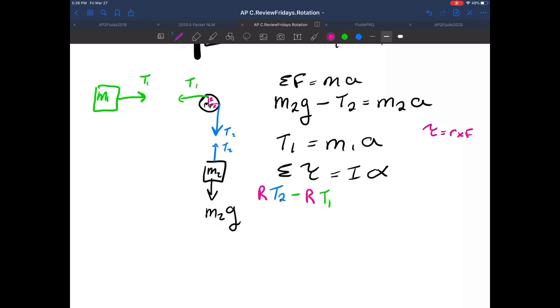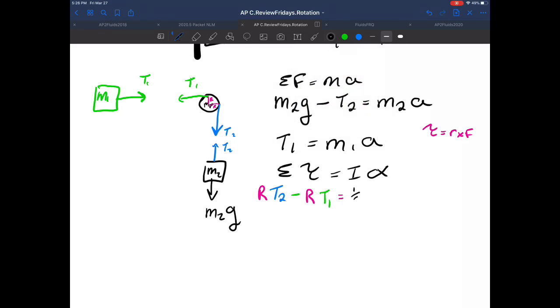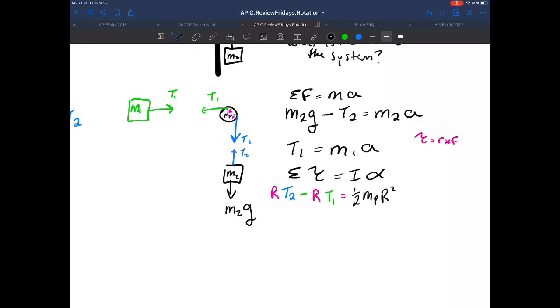That will be okay. Now, when we set up our I, we can write it as 1/2 mass of the pulley and radius squared. This is because the I of a disk is 1/2 mr squared. Now, you can rewrite alpha so that you can connect it with these other A's. So alpha is the angular acceleration of the pulley. And we can connect it to the acceleration on the edge of the pulley using A equals alpha r.